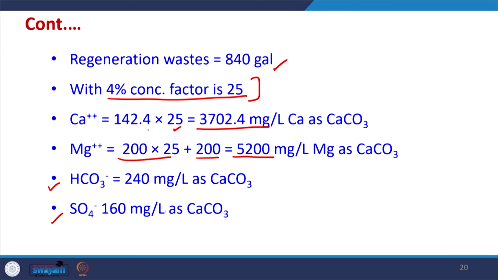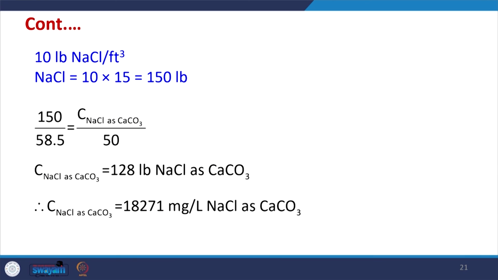Already it has been given that 10 lb of NaCl has to be used per feet cube of the resin. So, that means 10 into 15, that means 150 lb of NaCl will be used.